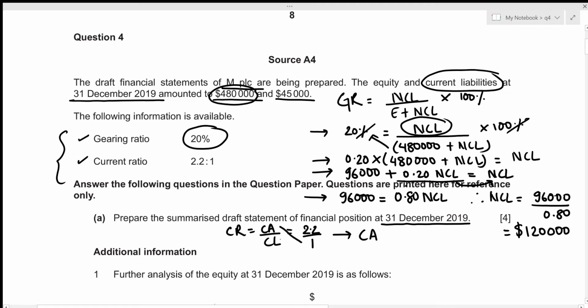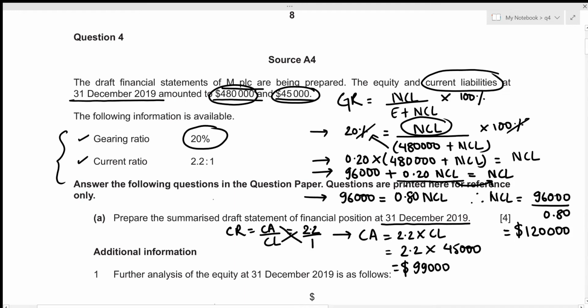And if you cross multiply these, that will be 2.2 times current liabilities. So now we can just substitute the value of current liabilities here and figure out the value for current assets. So that would be 2.2 times the value of current liabilities, which is given to be 45,000. So now this gives the value of the current assets to be 2.2 times 45,000, which results in the value of 99,000.